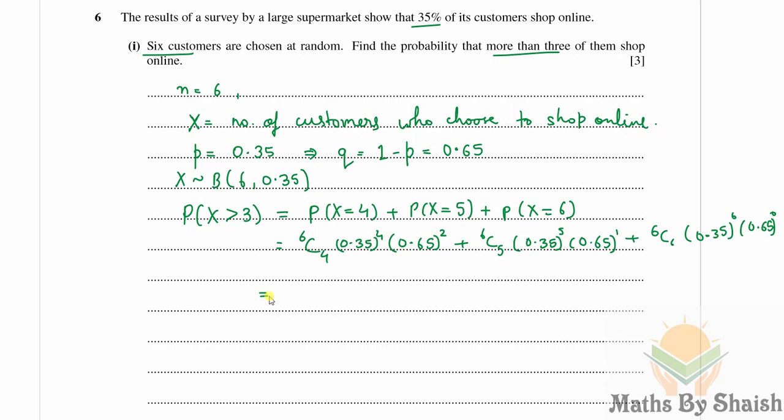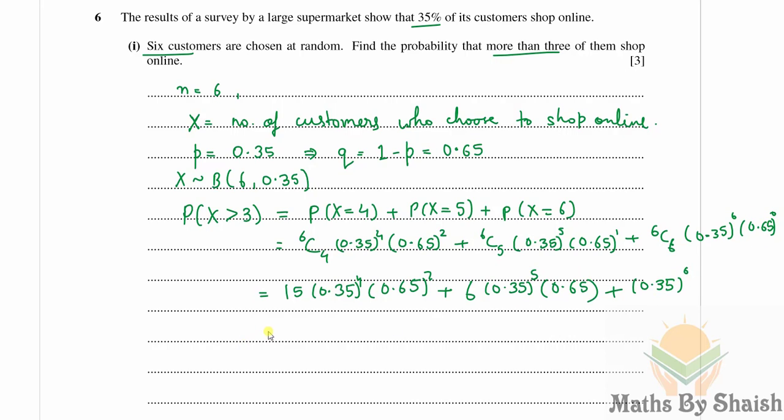We know that we can calculate it directly also, but I'll do it one by one. And we know that 6C4 is 15, and this is going to be 0.35 to the power 4 and 0.65 to the power 2 here, and 6C5 is going to be 6, so it is going to be 0.35 to the power 5 and 0.65, plus 6C6 is going to be 1, so it is going to be 0.35 to the power 6 only, because this is also 1.